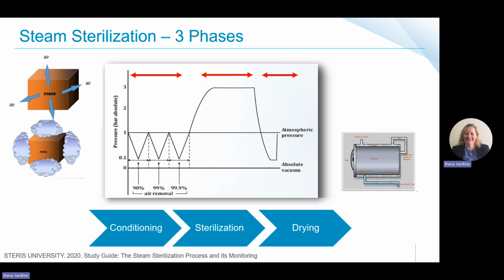During the drying phase, the chamber is exhausted, which means we pull out all of the steam. We return to atmospheric pressure, and maybe we draw a deep vacuum or we circulate air through the chamber, depending on your make and model of steam sterilizer, so that at the end of the day, we can dry the packs, because as we said, it's a very thermal process, so it's quite warm.